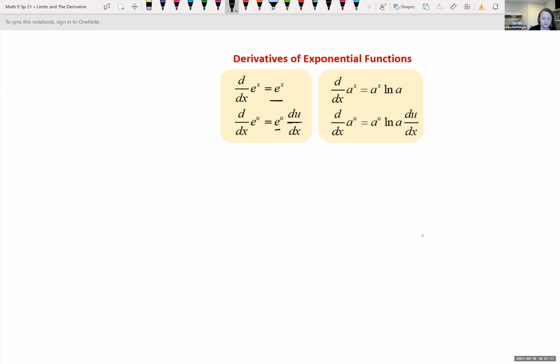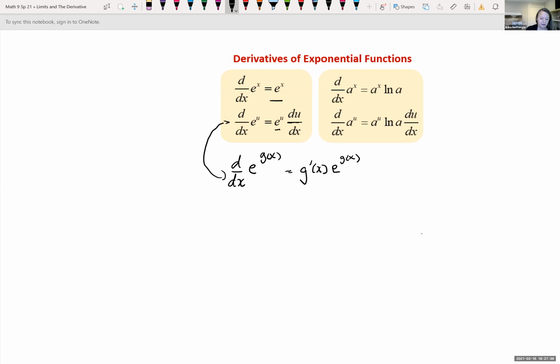I had written it a little differently, but they all mean the same thing. E to the g of x is the same thing as taking the derivative, g prime of x, of the exponent times the original function itself, e to the g of x. But these are equivalent.